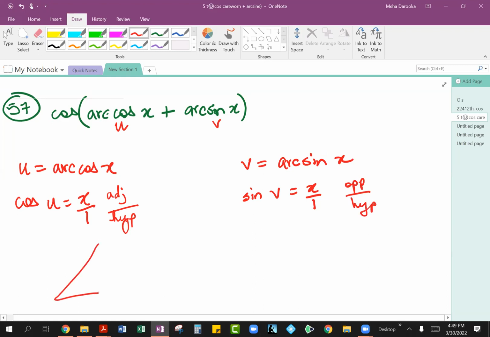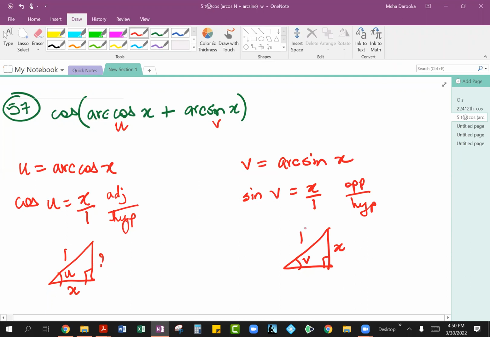So we'll again do our little triangles over here. Make it look a little bit more like a triangle. There we go. So this is angle u, angle v. So angle u, you are given cosine. So that's adjacent over hypotenuse. So we'll need to find the missing side here. And angle v, we are given sine.